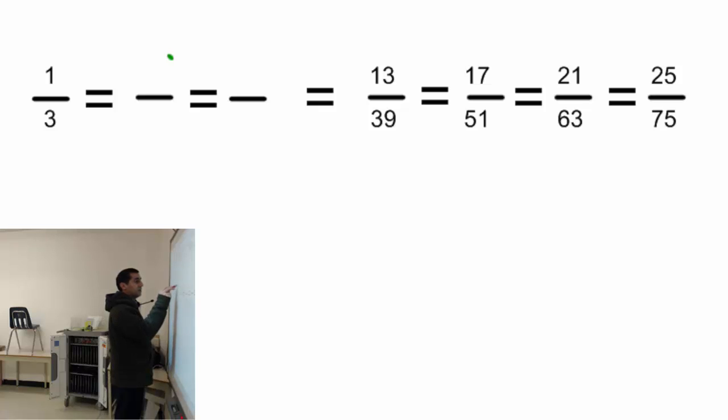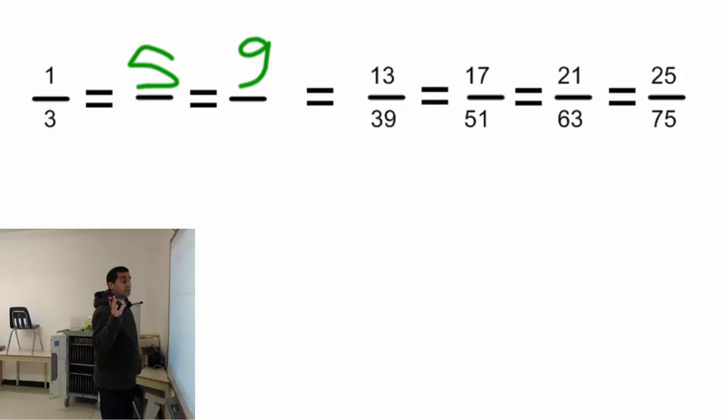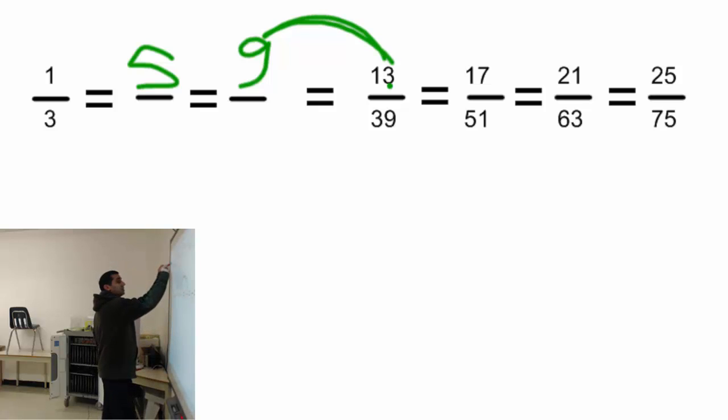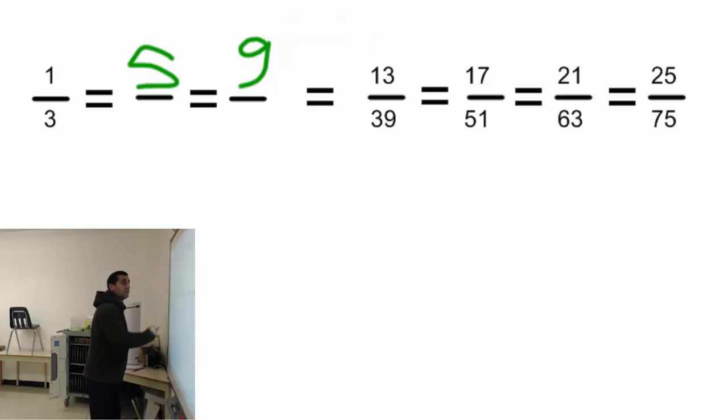Plus 4 will be 5 here, and plus another 4 will be 9 here. And let's just make sure we got the pattern right. 9 plus 4 is 13. Yes, so that works. We got this pattern very well.